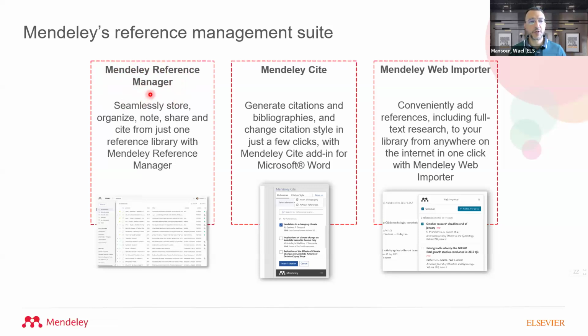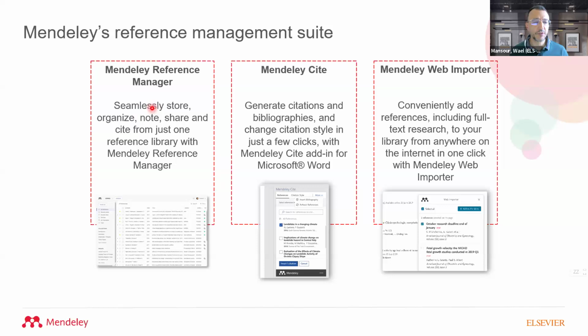That's the main part of Mendeley, and it has two types. One is a desktop version, which you can download and have as an application on your laptop, for example. And also it has a web version, which you can access through your browser, and you can actually do a synchronization between both of them. So both of them are updated.